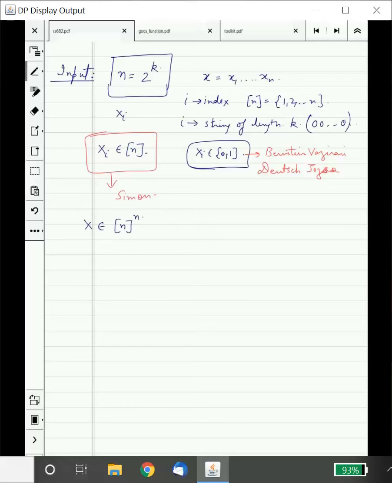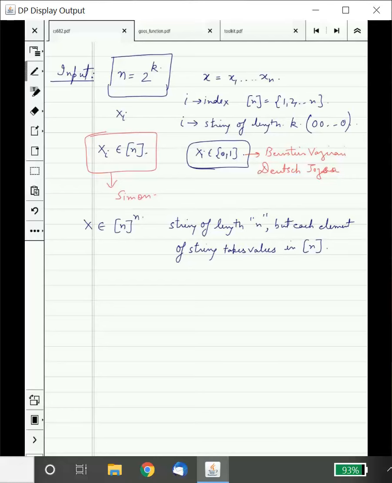It is a string of length n, like last time, but each element of the string is not just 0, 1, it takes value in this set. Notice this difference. The output in some sense is pretty big.